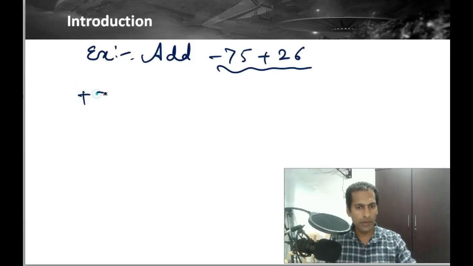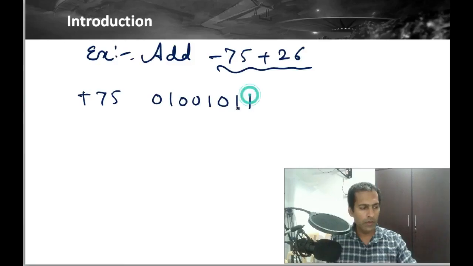So again same method, plus 75 will be 0 1 0 0 1 0 1 1. We are taking 2's complement, 1 0 1 1 0 1 0 1. Okay.